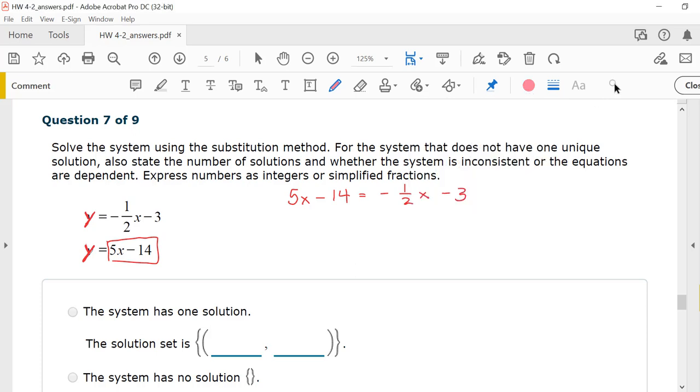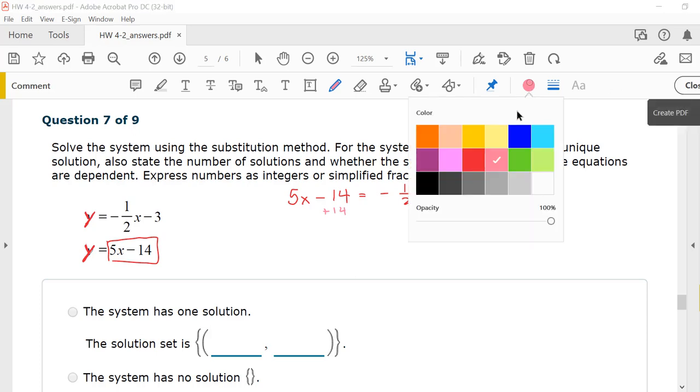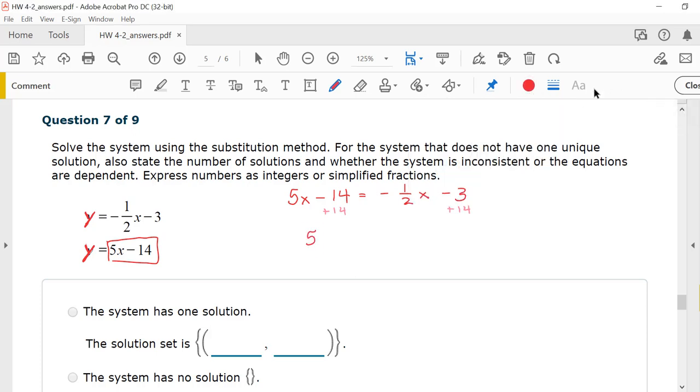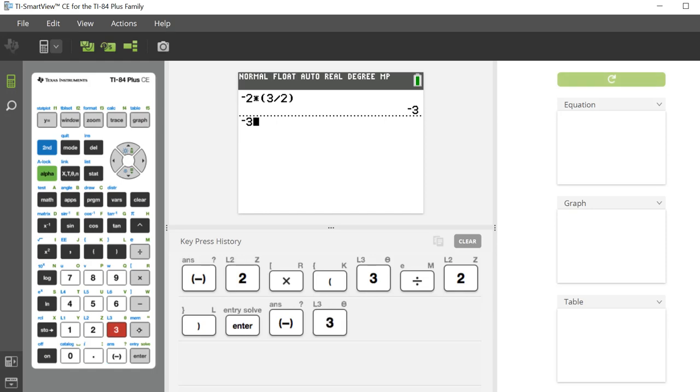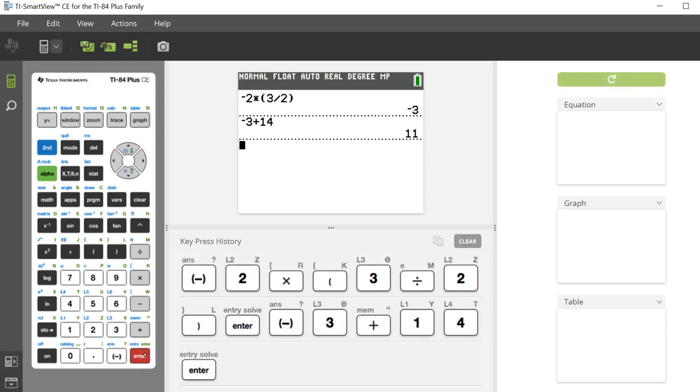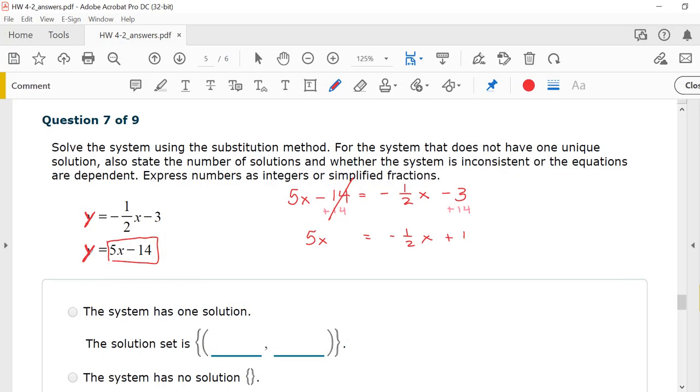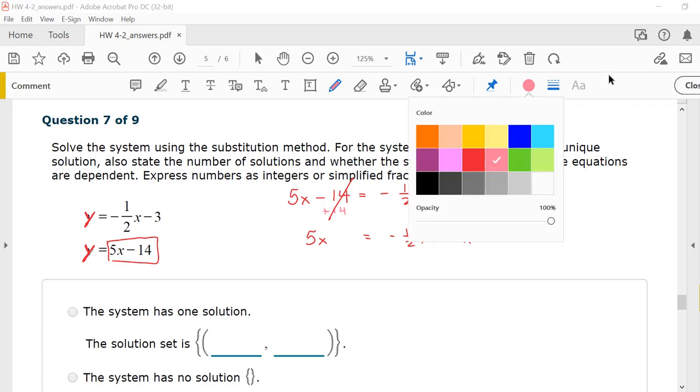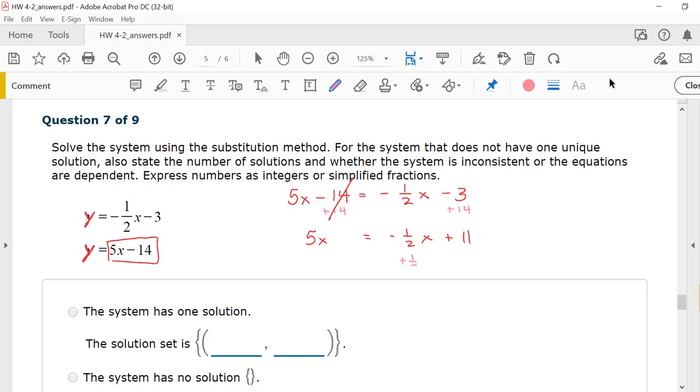I'm going to add 14 to both sides. 5x equals negative 1/2 x. Negative 3 plus 14 is 11. So plus 11. Now I want to add 1/2 x to both sides.